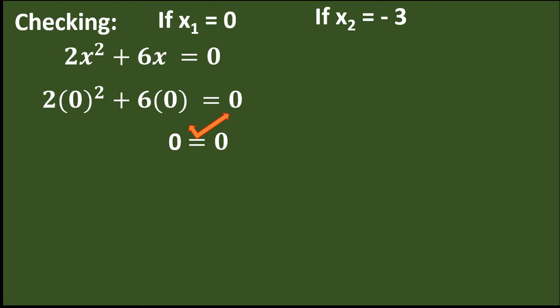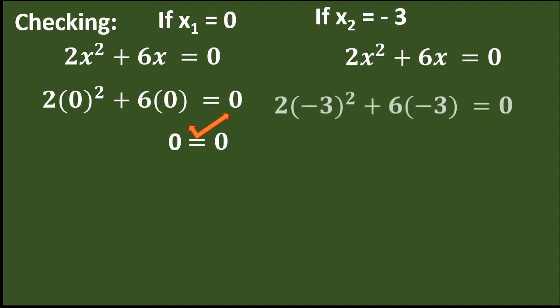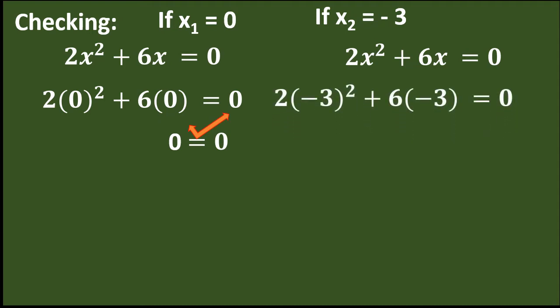Let us now substitute x negative 3 to the original equation. We have 2x squared plus 6x equals 0. So x will become negative 3 using substitution. So it will become 2 times the quantity negative 3, quantity squared, plus 6 times the negative 3 equals 0.